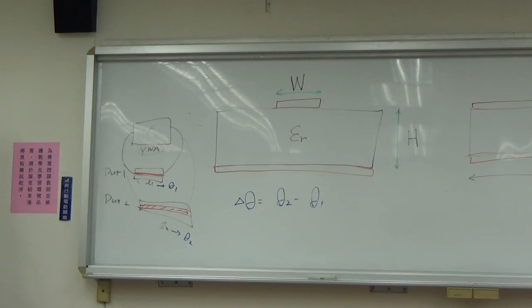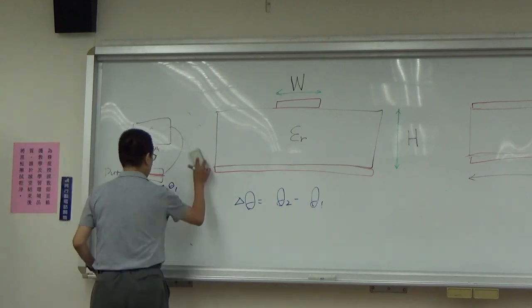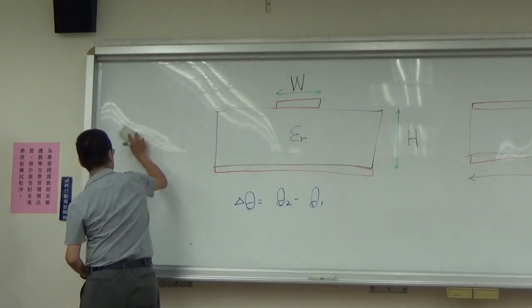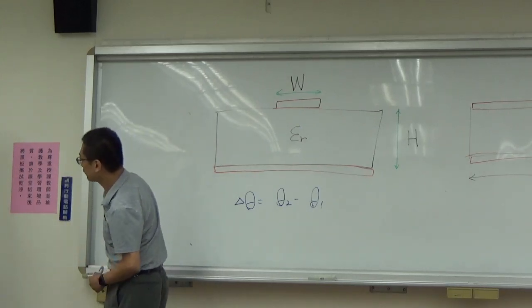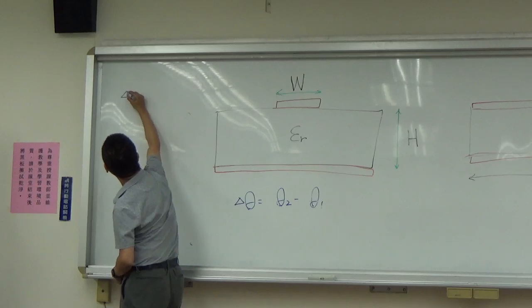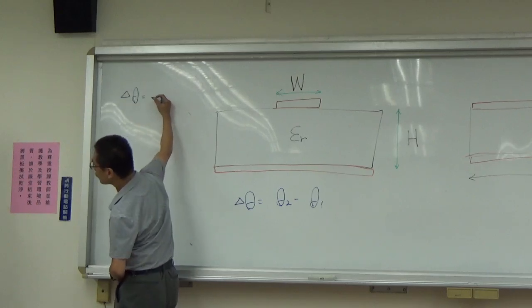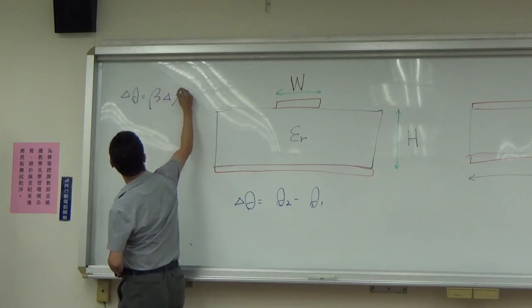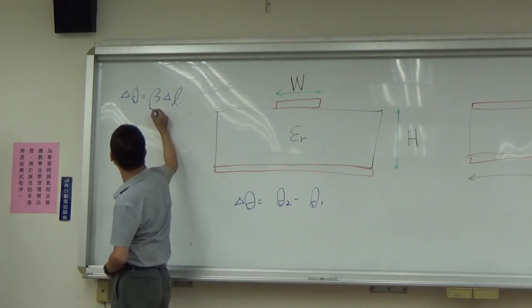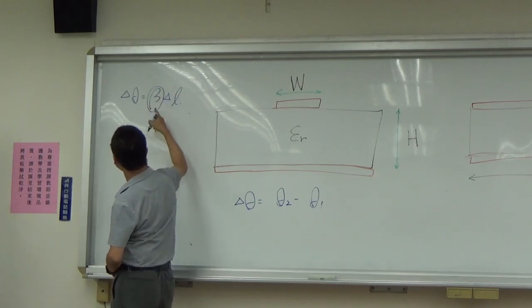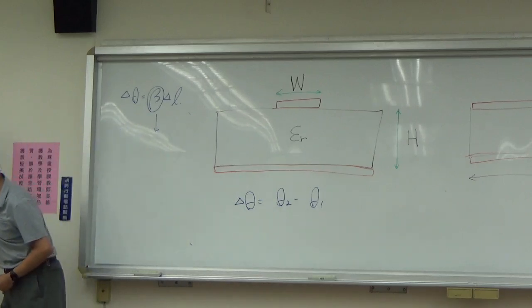Everyone happy? Right? Let's copy: delta theta equals to beta delta L. So if I transfer the beta, I use this one.